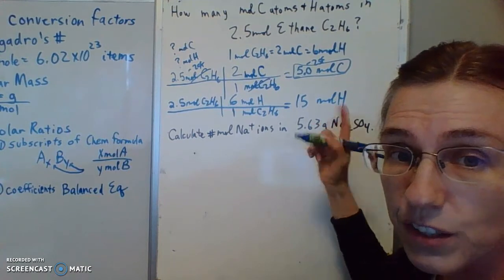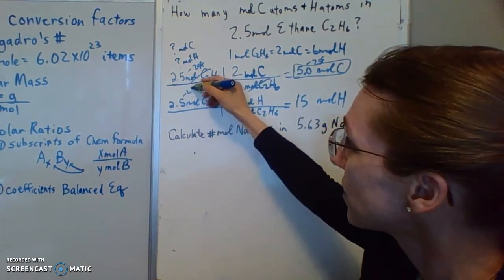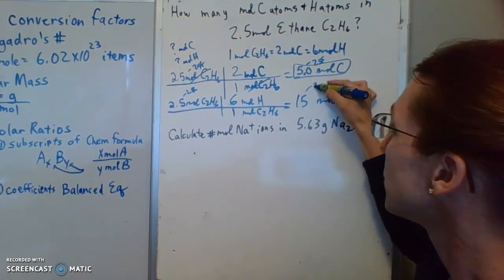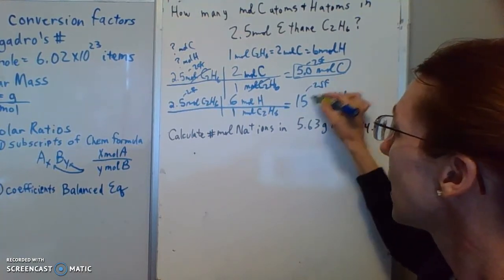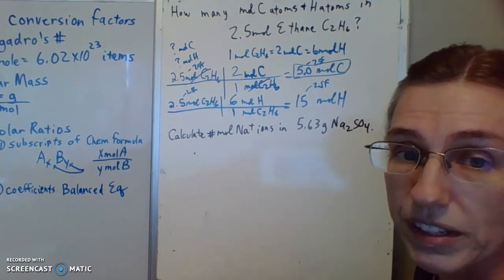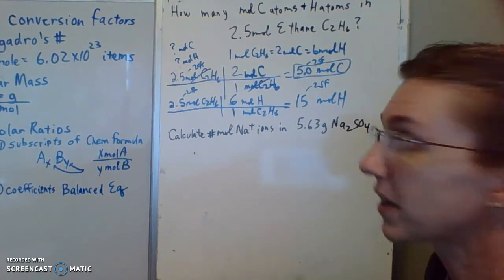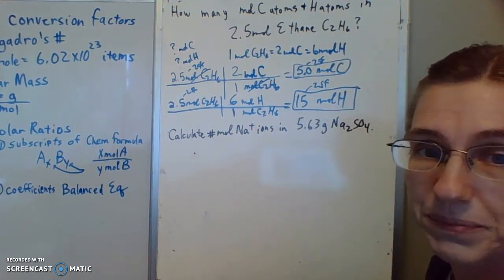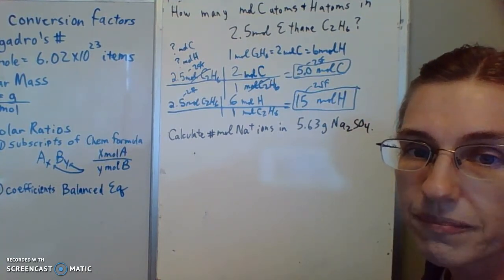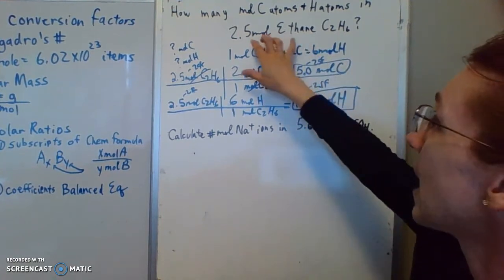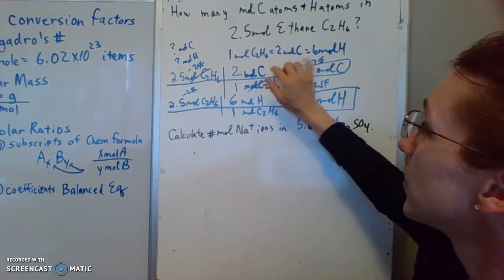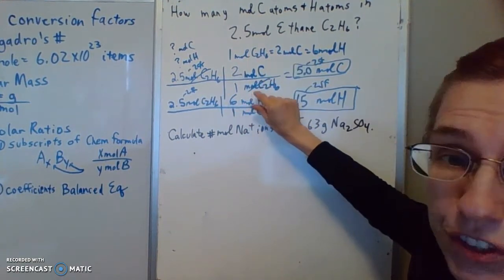Check our significant figures before moving on. We have 2 significant figures here. Those are exact numbers, so of course we need 2 significant figures here, and we have 2 the way it's written, so we're all good. So here's a second answer to that problem. So hopefully you see how to use these molar ratios as conversion factors.